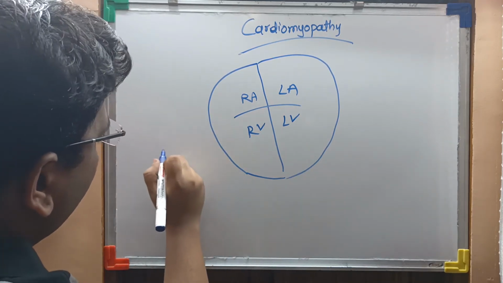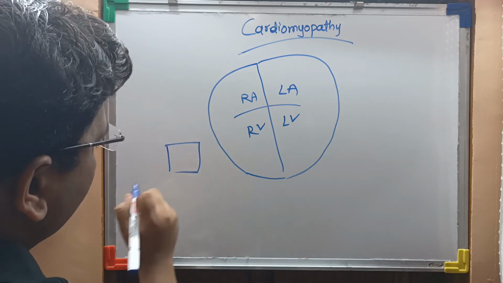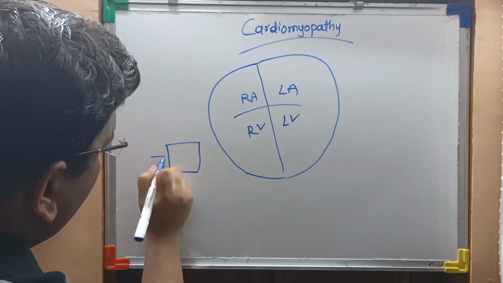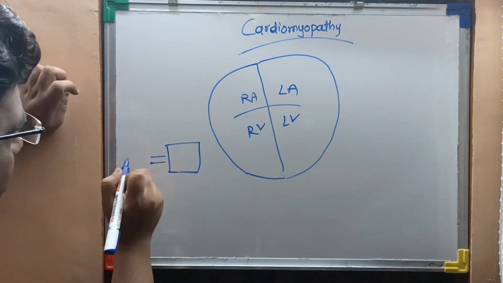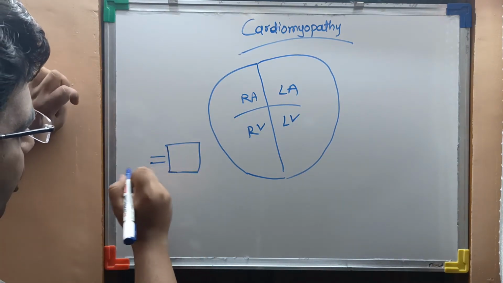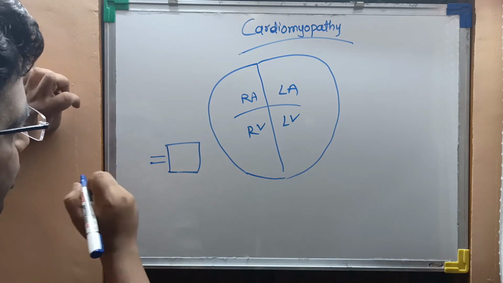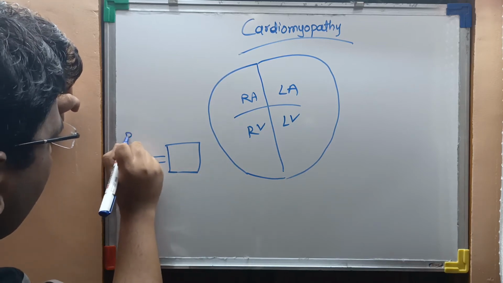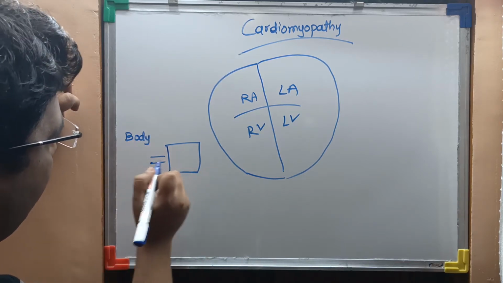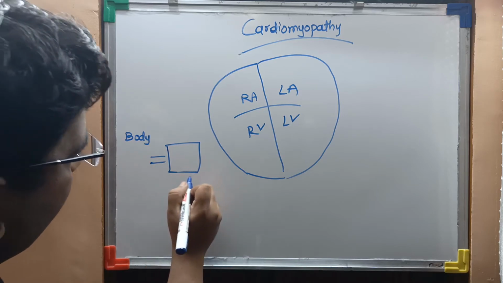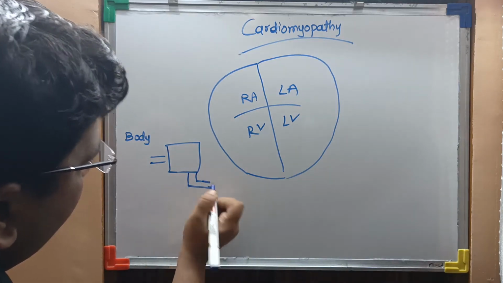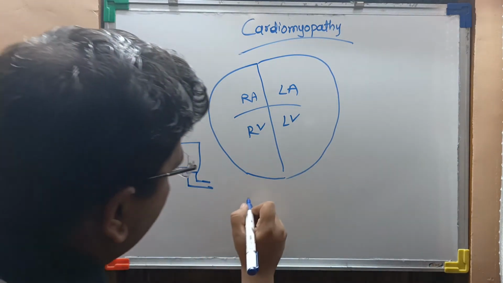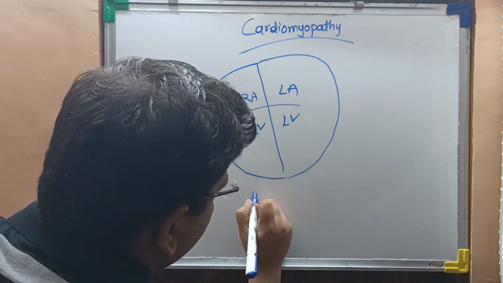The deoxygenated blood from the body goes into the right side of the heart, and from there through the pulmonary vessels it gets into the lungs for the oxygenation.